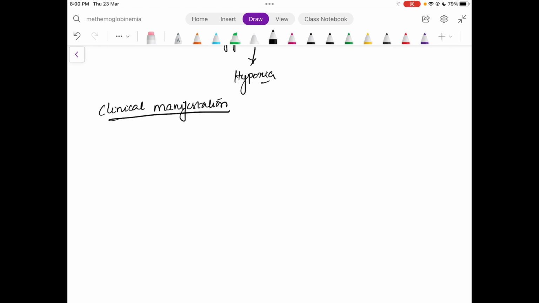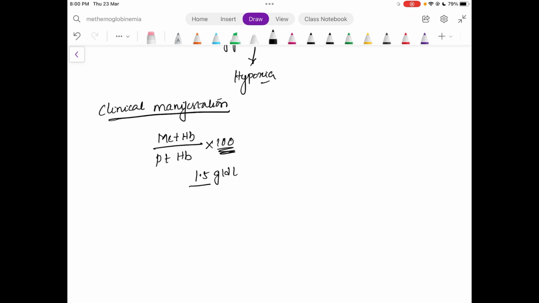The percentages are better to express, and it will give the severity of the condition. How is it calculated? Methemoglobin, which we measure, has to be divided by the patient hemoglobin, and you have to multiply by 100.